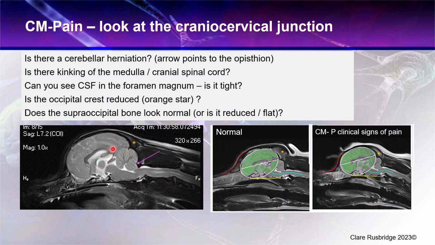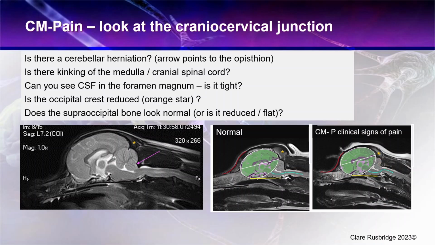So in normal circumstances, the cerebellum would curve like this if there was enough space, but in this dog we can see a triangle of tissue coming out. Therefore, yes, this dog does have a cerebellar herniation.